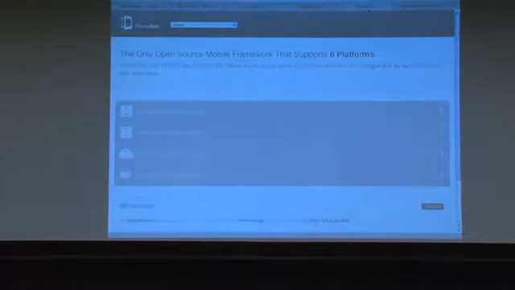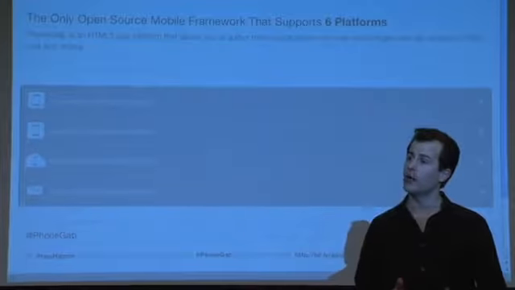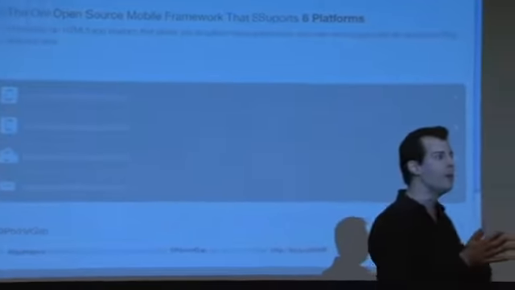Well, PhoneGap, for instance, is one option whereby you can implement a web-based application, but then wrap it in a native code wrapper, if you will. For multiple platforms, they cite six different platforms, Android and iOS being just two of them, so that you can submit the same application to different app stores or put it on different people's devices, and it operates pretty much the same. And you, the human, don't need to write all two or all six different native applications.